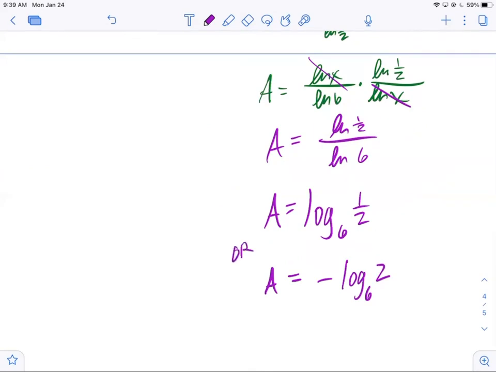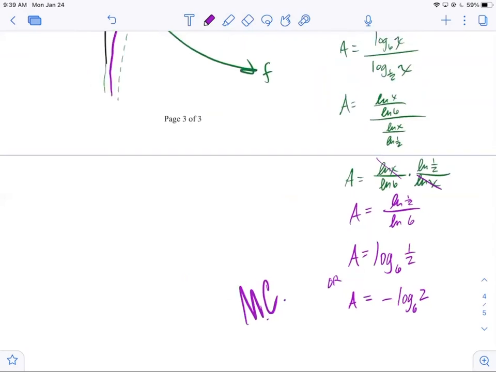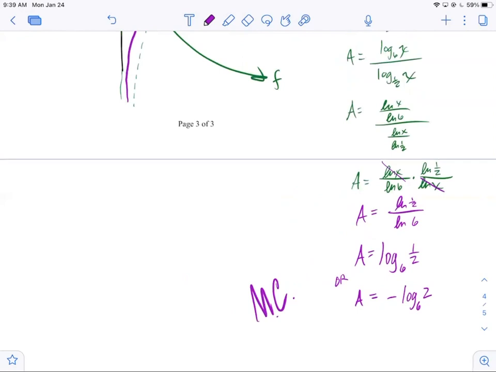It is, because 1/2 is the same as 2 to the negative first, and then you can bring that negative out front. So this makes a really good multiple choice question on your test tomorrow. There is a question on the worksheet like that, but you're just going to use the change of base formula.